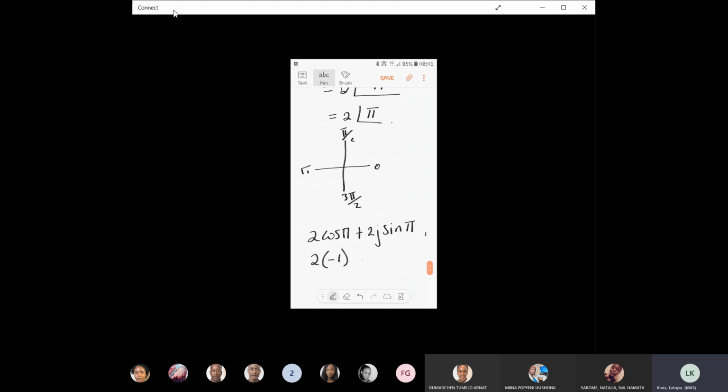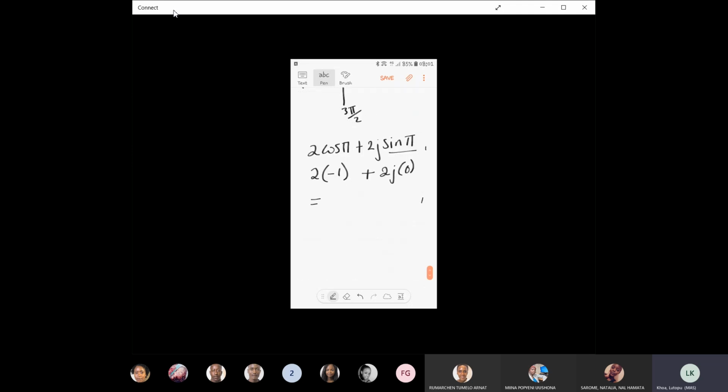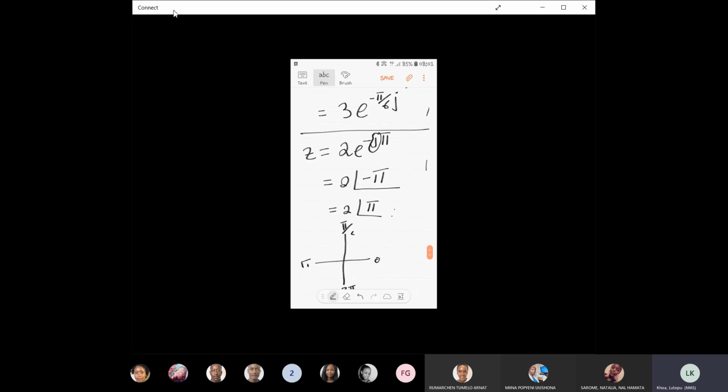And then sine of pi, that is equal to 0. So I have plus 2j times 0. So this is in fact just equal to minus 2. So that is in rectangular form, and then the first one over here, this is in polar form.